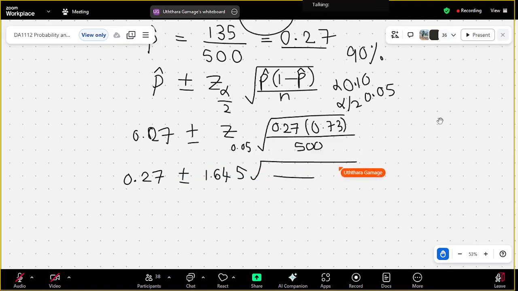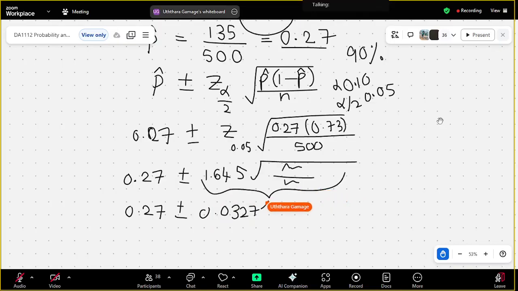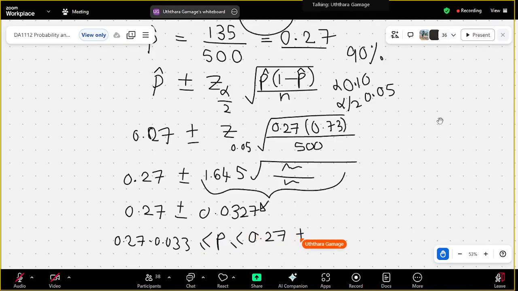This value, right? 0.0327. So P lies between 0.27 minus 0.033 to 0.27 plus 0.033, right?